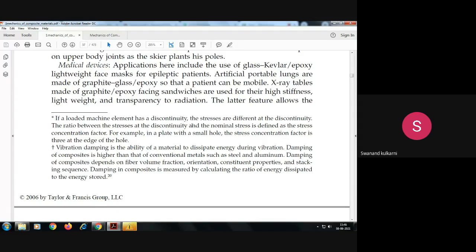Artificial portable lungs are made of graphite glass epoxy. So see how composite materials are becoming useful in medical devices.